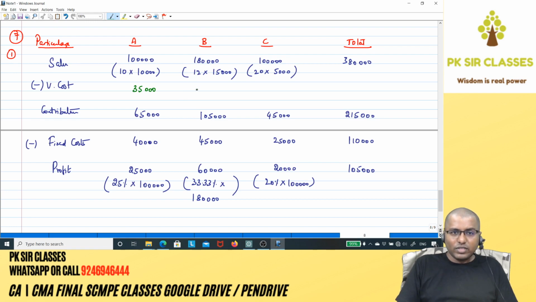So it comes around 75,000. Okay. Next for C 1 lakh minus contribution is 45,000. 55,000. That is the variable cost. So finally 35,000 plus 75,000 plus 55,000. So 1,65,000 is the total variable cost.